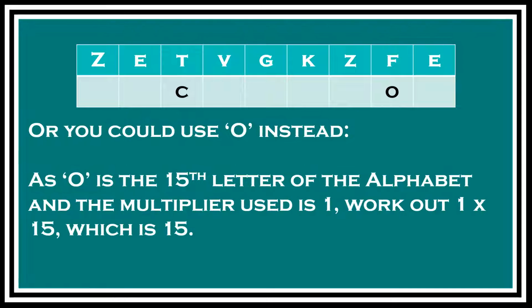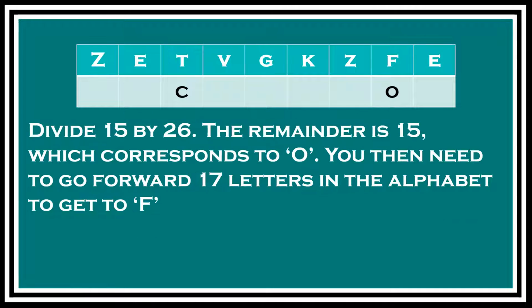We could have also used O instead. Now O is the 15th letter of the alphabet. We already know that the multiplier used in decoding the message is 1, so we work out 1 times 15, and that is 15.